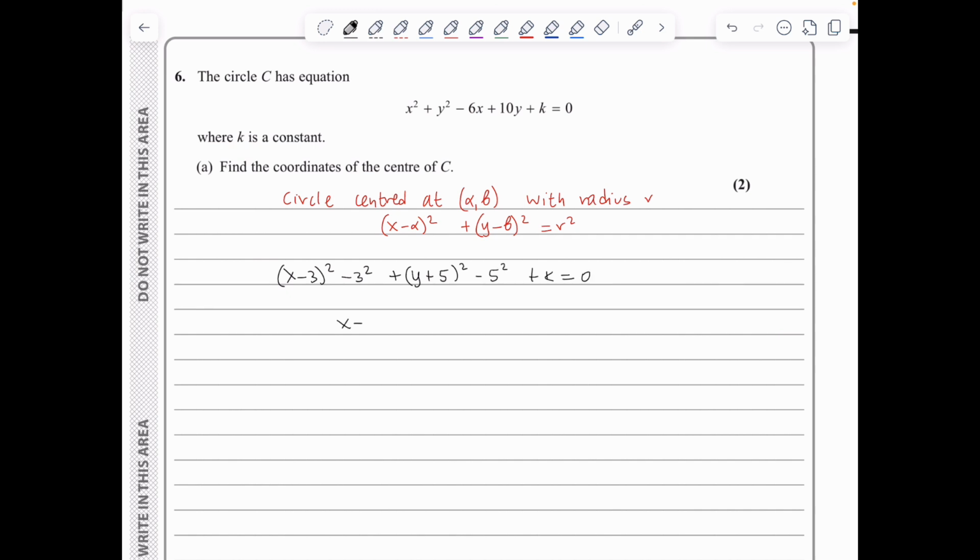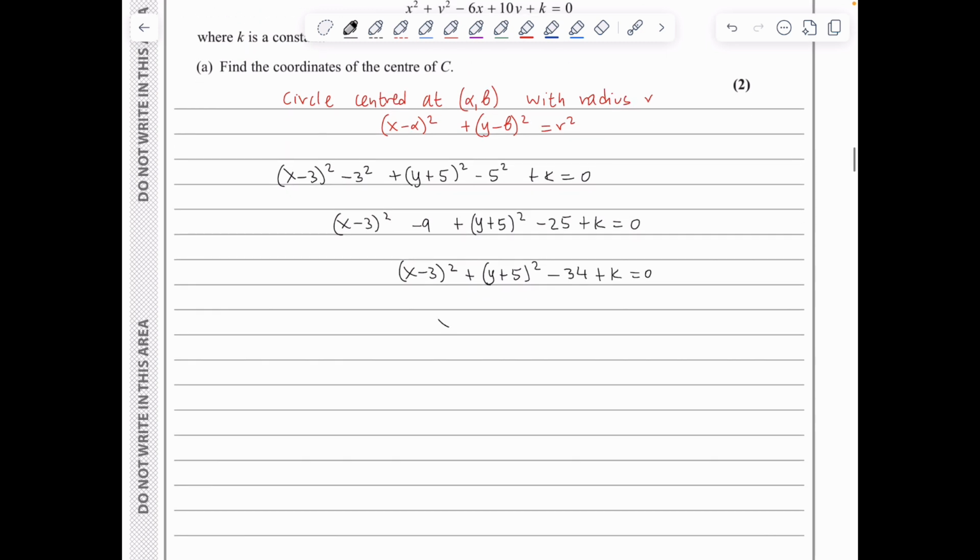So we're looking at (x minus 3) squared minus 9 plus (y plus 5) squared minus 25 plus k is equal to 0. And therefore we have (x minus 3) squared plus (y plus 5) squared minus 34 plus k is equal to 0, which leads to (x minus 3) squared plus (y plus 5) squared is equal to 34 minus k.